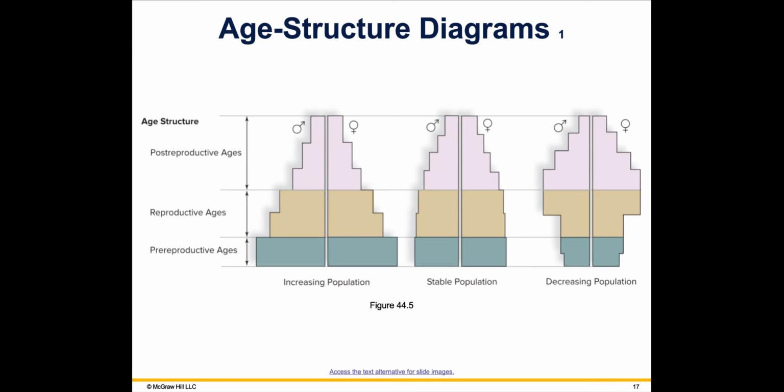This diagram is for ecology as a whole. Your textbook does talk about human population and what's going on in the world. We don't cover it in this class, but it is a very fascinating topic and one that is very timely.